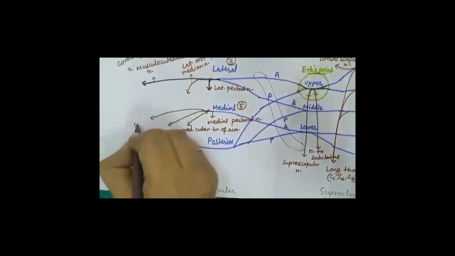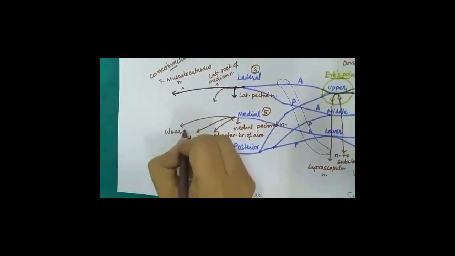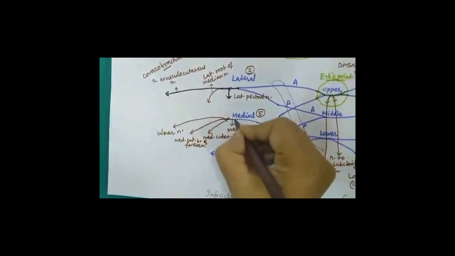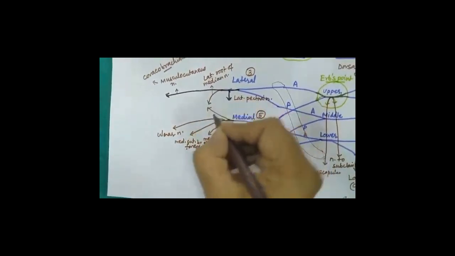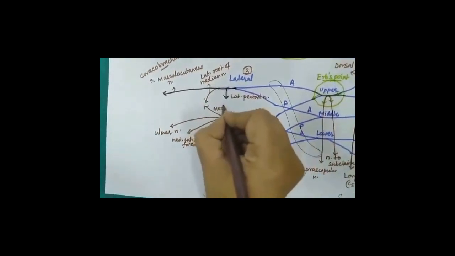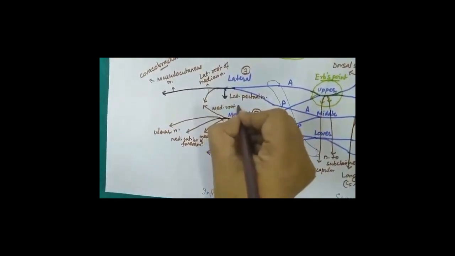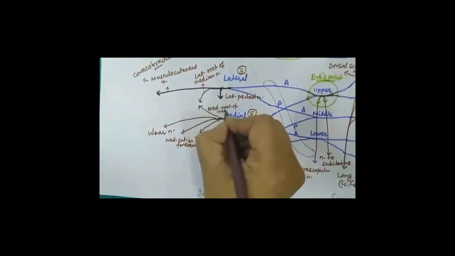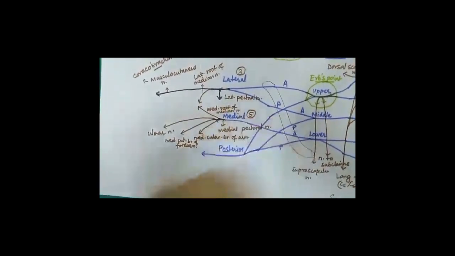It will go to the forearm and supply the skin of the medial surface of the forearm. Then there is the ulnar nerve and the medial root of median nerve.